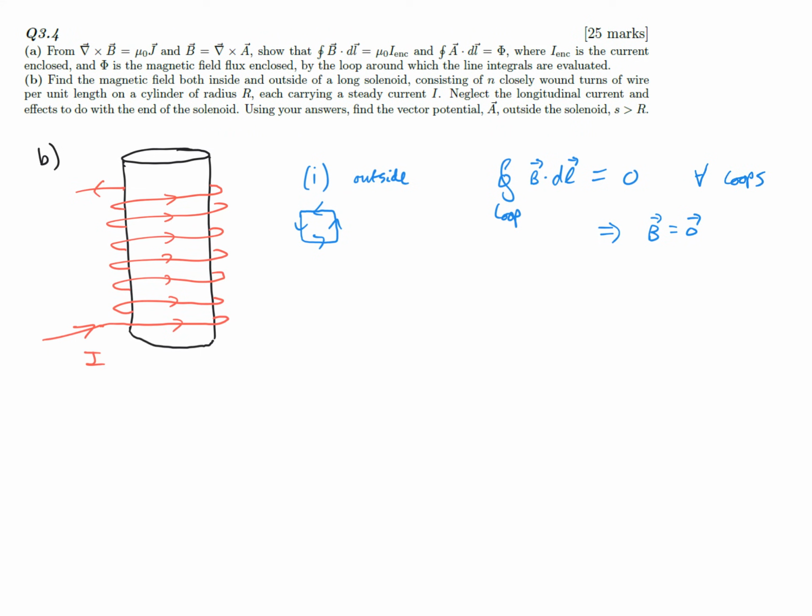I can pick any possible loop and it's always equal to 0, and the only way that can happen is if the magnetic field itself is equal to 0 outside. Okay, very good. What about the second situation I want to consider, which is going to be partially in and partially out?